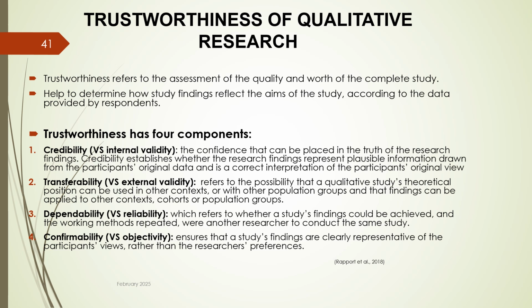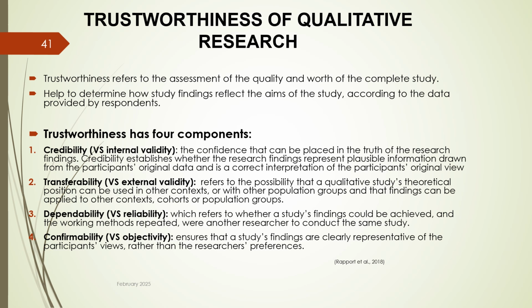So the question is, how do you know that the findings that result from your qualitative research are true and accurate? As you will see in different books and articles, there are several techniques or methods that can be used to achieve credibility, which are different from the techniques used to achieve transferability, dependability, and confirmability.